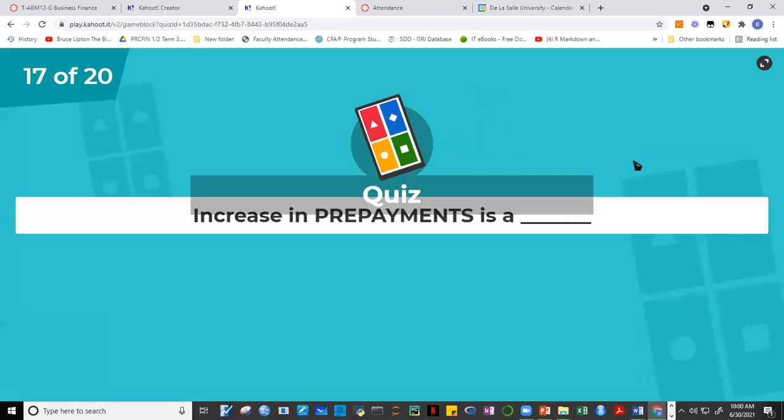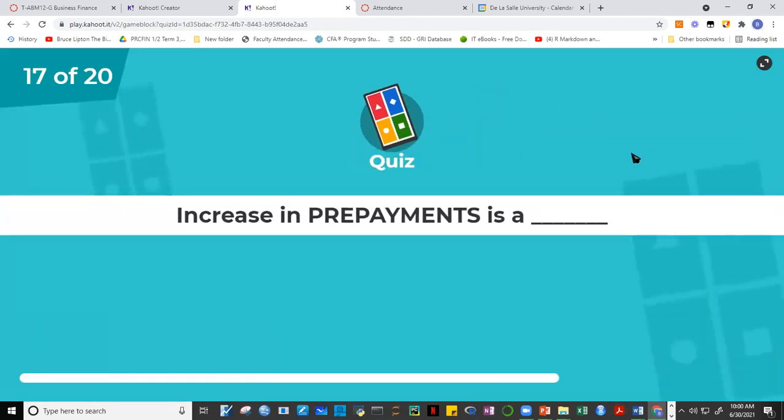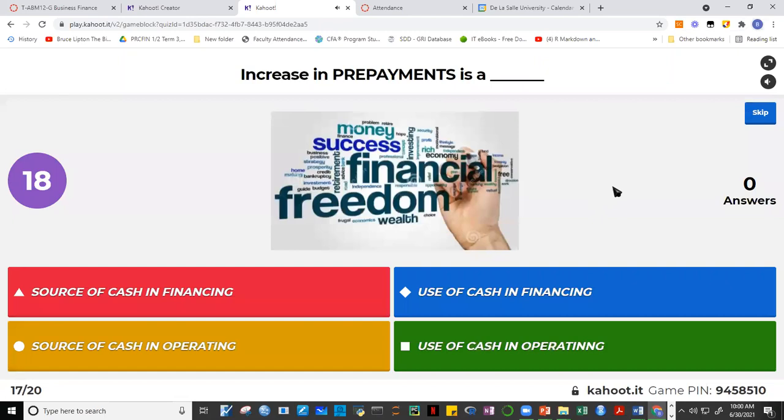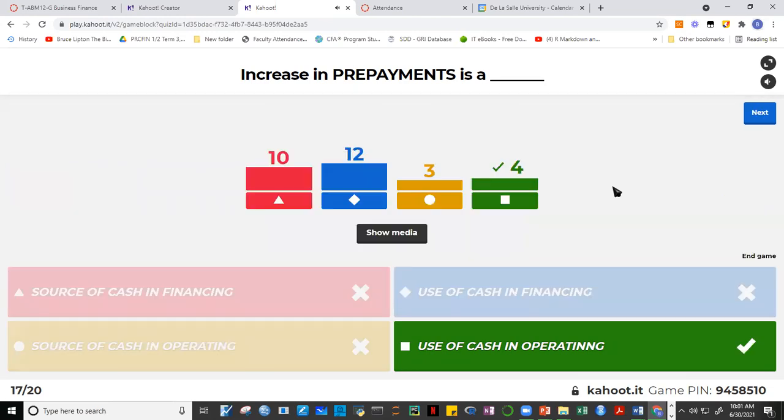Next. So, this is the 4 more questions. Increase in prepayments is a... Okay, the answer is... ano ba yung prepayments, guys?